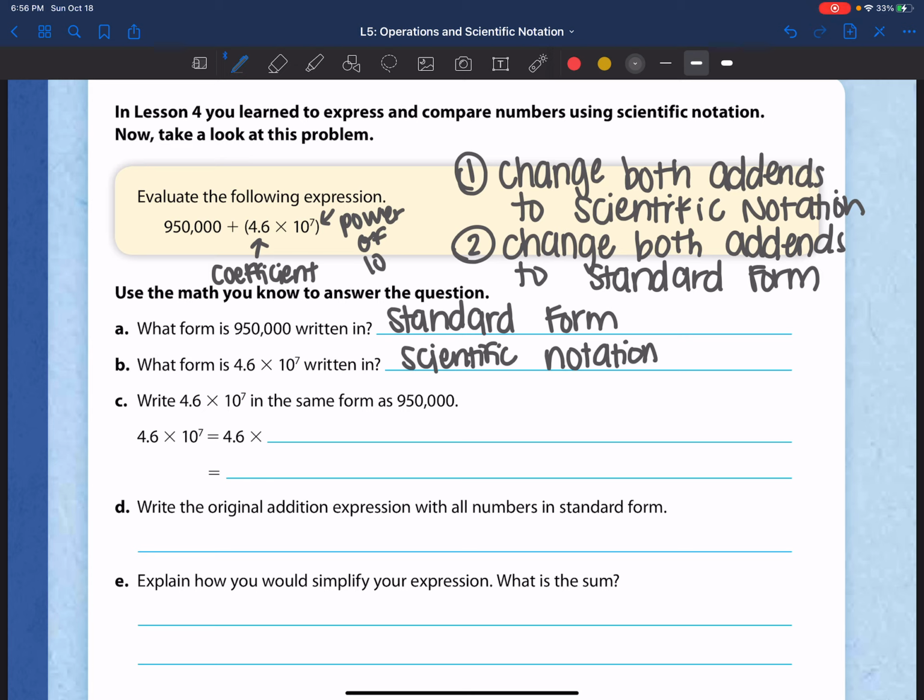Okay, and we go ahead and move on to C. Write 4.6 times 10 to the 7th in the same form as 950,000. They have 4.6, our coefficient, they left it alone. Then we need to change 10 to the 7th to its standard form. So 10 to the 7th is equivalent to 10 multiplied by itself 7 times.